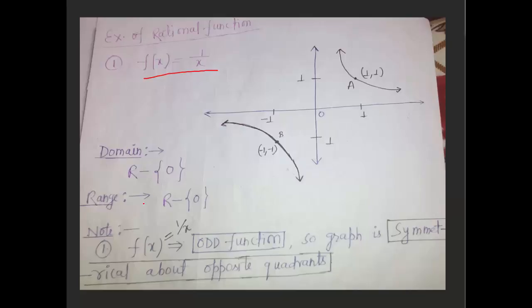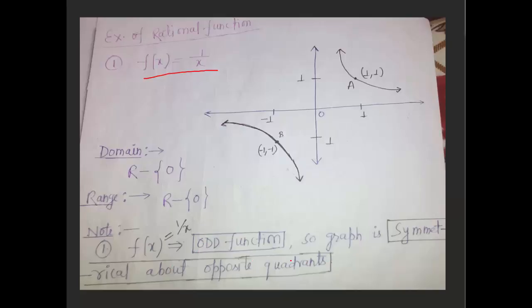So you have to exclude 0. So the domain is all the real numbers excluding 0. Similarly, the range is also all the real numbers excluding 0. So for all odd functions, the graph is symmetrical about the opposite coordinate.